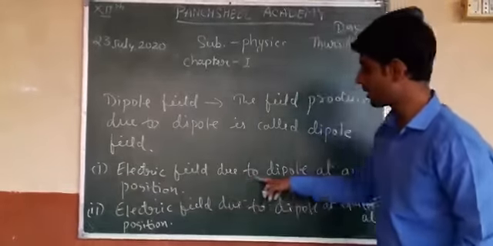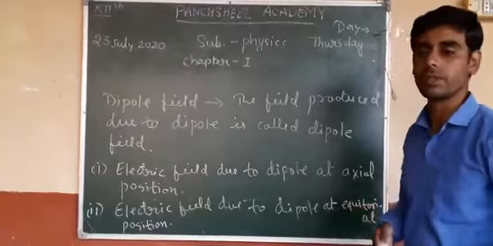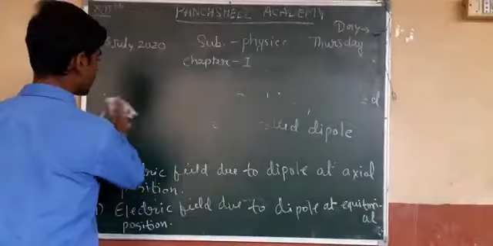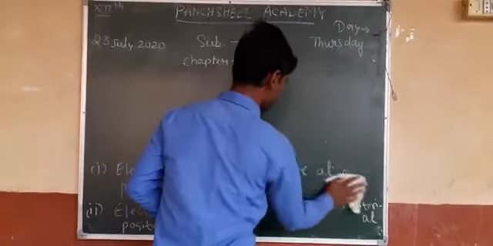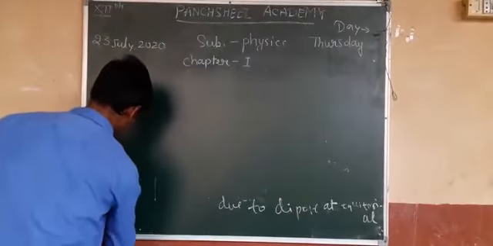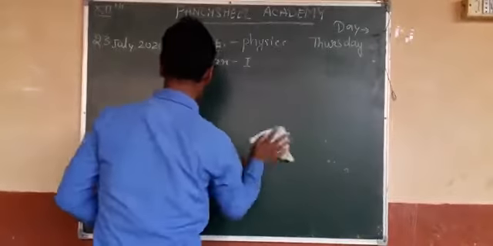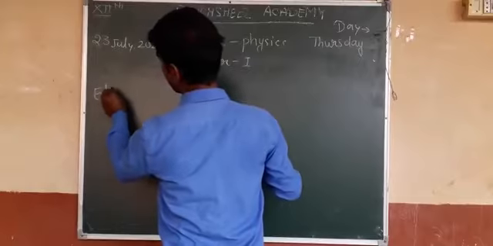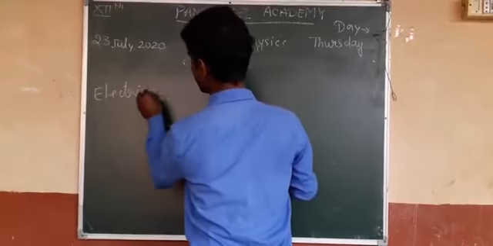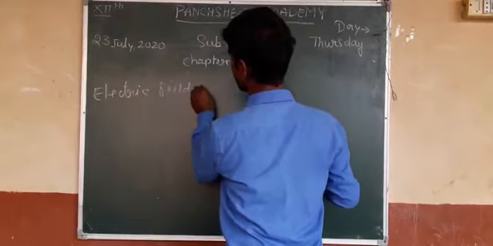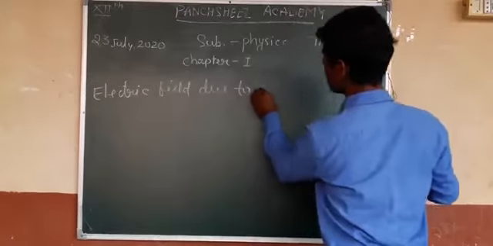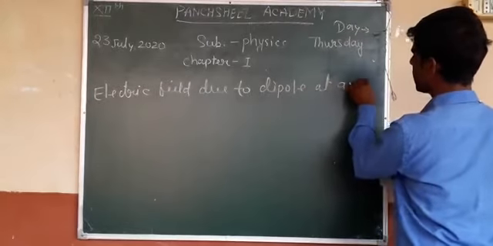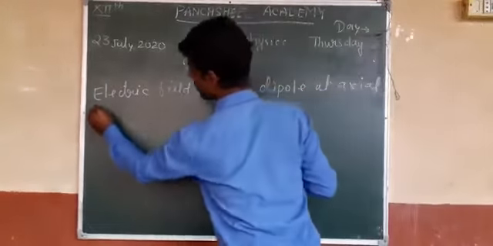First we discuss the electric field due to a dipole at the axial position. So the first point is the electric field due to a dipole at the axial position.